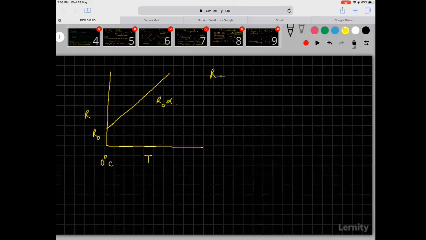I'm saying R is equal to R0 into 1 plus alpha delta T. So I have R0 plus R0 alpha delta T. So this R0 alpha is the slope of the line. So this is the question which will come in your board exam. This is very, very important for board exam. One mark question.